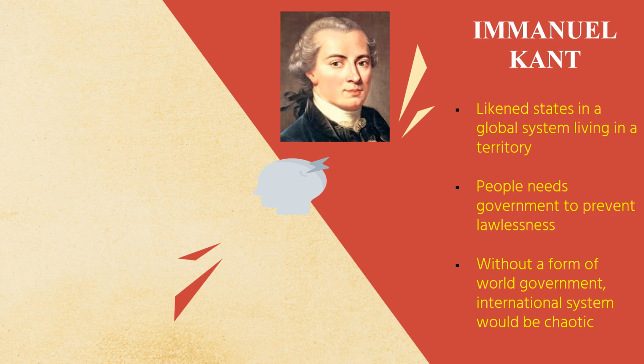Say for example here in the Philippines. So ang mga tao, ang mga Filipinos need og government kay para wala daw crimes nga mga mahitabo because i-regulate na siya ni government.